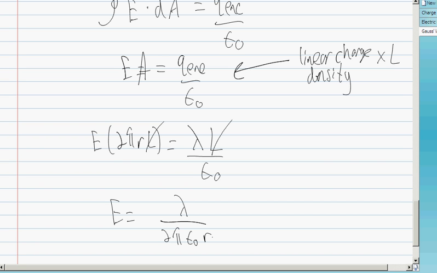Or if you're a big fan of the K constant, it would just be 2 lambda, or sorry, 2 lambda K over R.